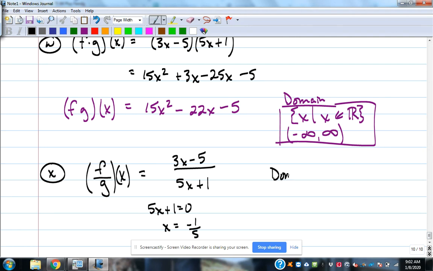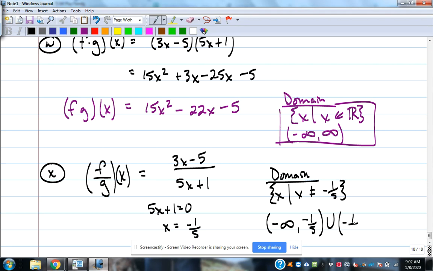So our domain: x cannot be negative 1/5, right? What is the interval notation for that? Negative infinity to negative 1/5, parenthesis, union, negative 1/5 to positive infinity.